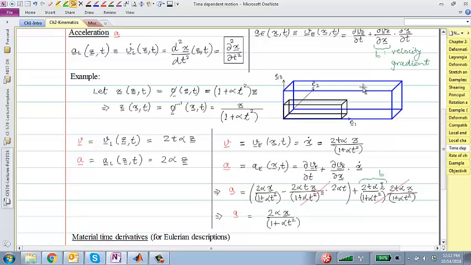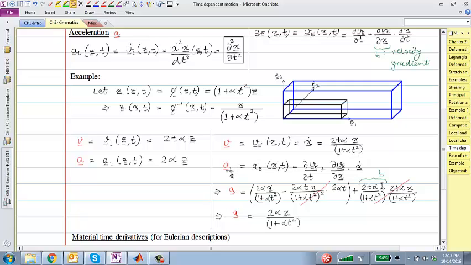So at that particular point, the velocity of whatever material particle is there at that instant is given by 2t alpha x over 1 plus alpha t square, which is exactly equal to the Lagrangian velocity for the particle that was originally at z and arrived at my current position x at this instant of time t. They're both exactly the same description, but their functional forms are different. One is in terms of z, the other is defined in terms of x. Okay, that's all that we are doing here.